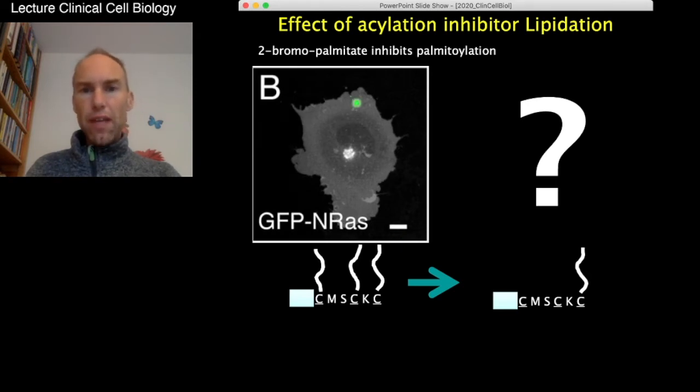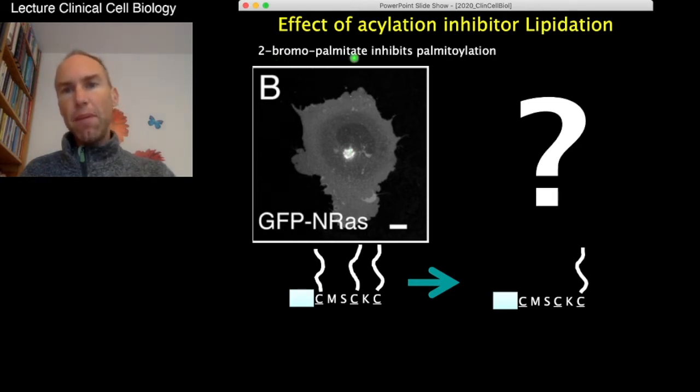Now, there's an interesting experiment that you can do, because you can take this GFP NRAS, which is located at the plasma membrane as well as at the Golgi, and now you can use an inhibitor. It's this compound, 2-bromopalmitate, and it inhibits specifically the palmitoylation.